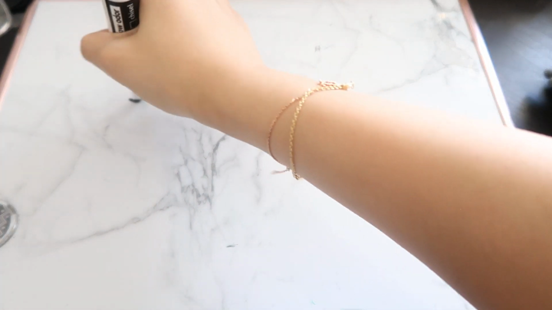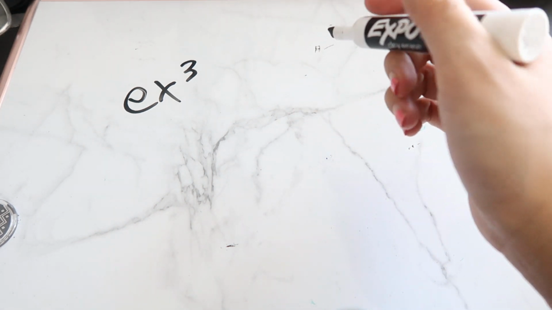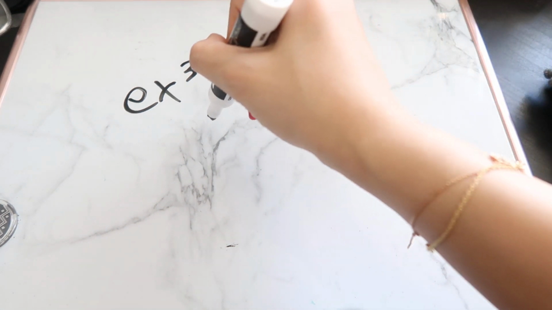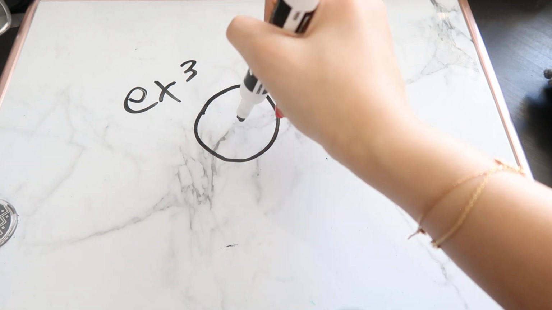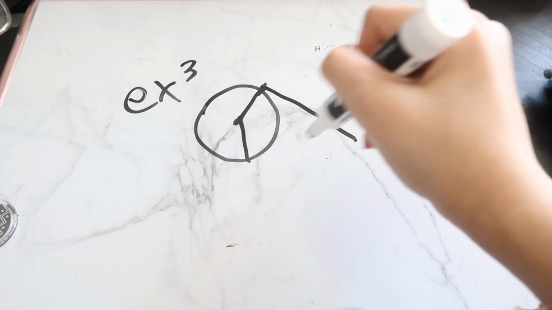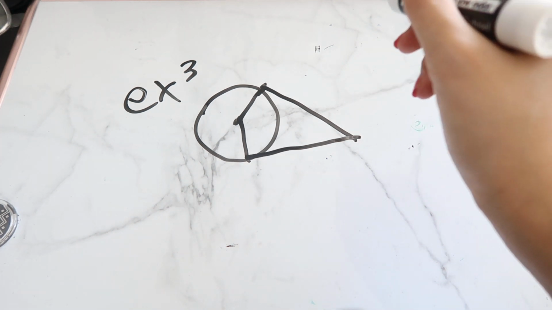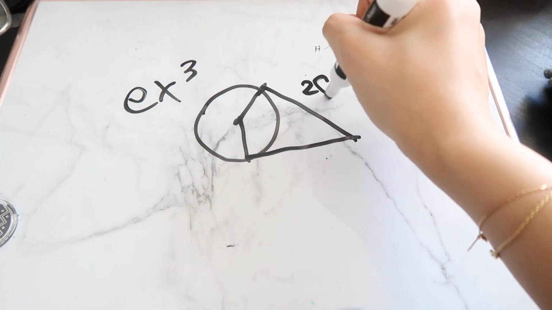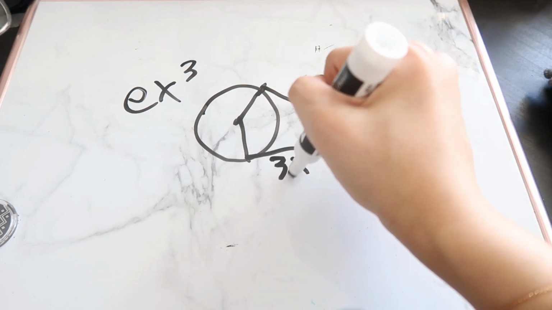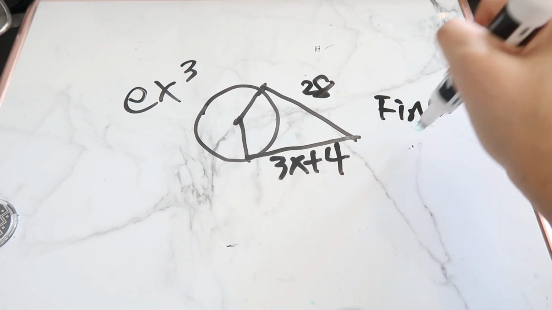Alright, so example 3, we're using the last theorem we learned. Here is a circle again, and we have two lines connecting. Let's say the top is 28, the bottom 3x plus 4. We are trying to find x.